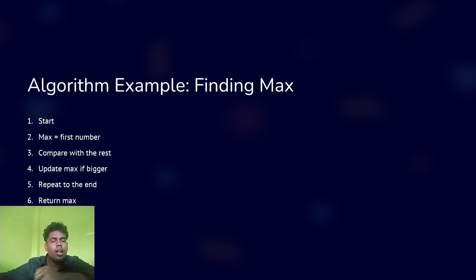This is an example for data structure and algorithm. That means we store and organize the given numbers, that is the data structure. Finding the max number is the problem, and these steps to find the max number are the algorithm.